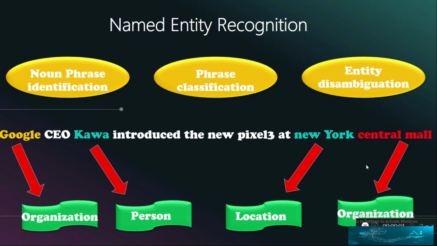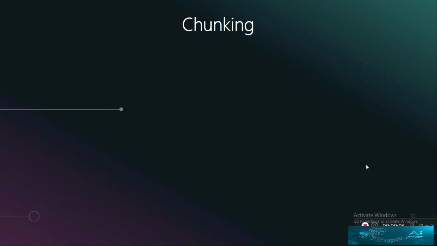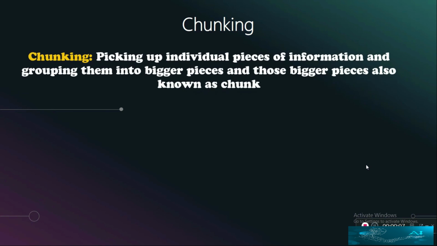Now once we have divided the sentence into tokens, done the stemming and the lemmatization, and added the tags with named entity recognition, it's time for us to group it back together and make sense out of it. So for that we have chunking. Chunking basically means picking up individual pieces of information and grouping them into bigger pieces.